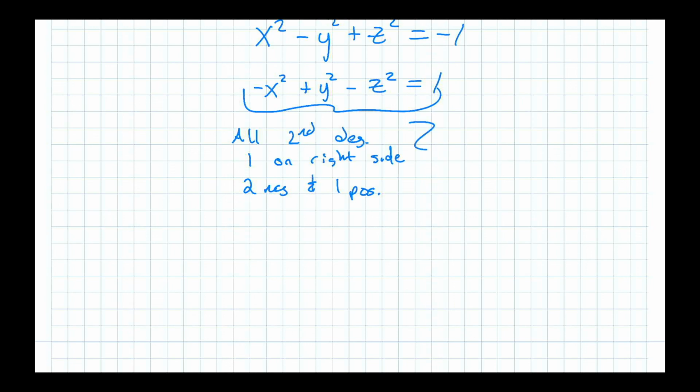All of this information together tells me that this is a hyperboloid of 2 sheets, right? Remember, 2 pluses and a minus was a hyperboloid of 1 sheet. 2 minuses and a plus is a hyperboloid of 2 sheets. So there we go.